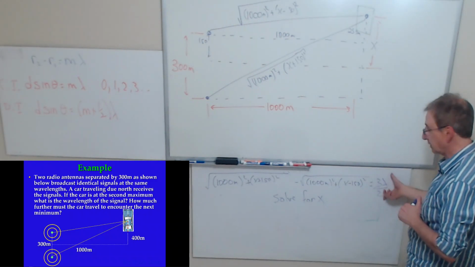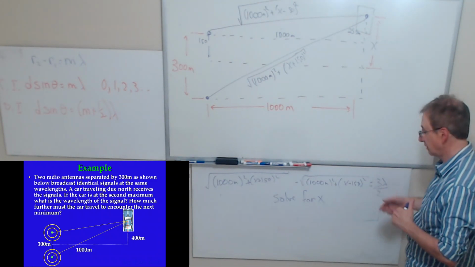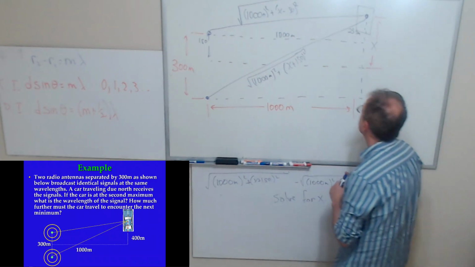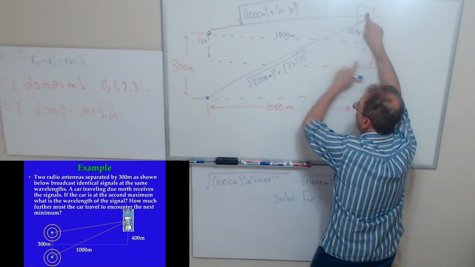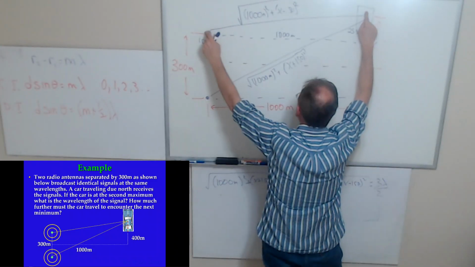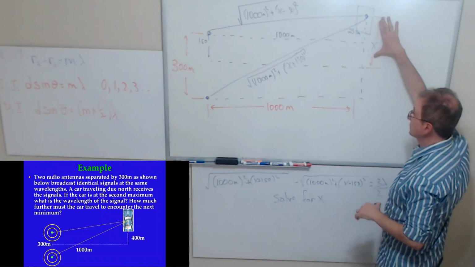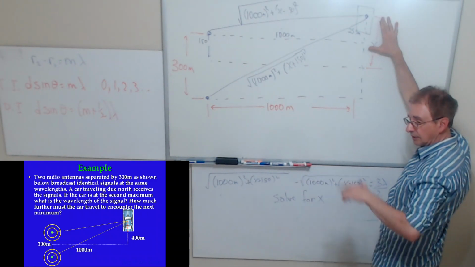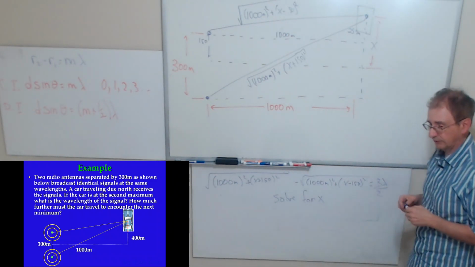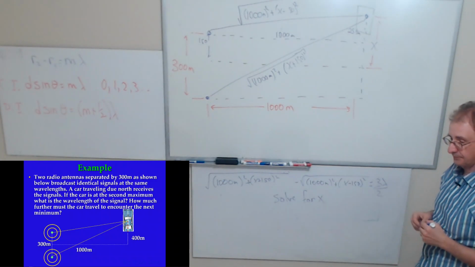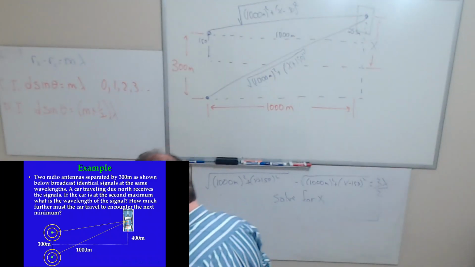I could set the path difference equal to 3 lambda over 2 because in the previous problem it was equal to lambda. And then I just find if this is x, then I just take this distance minus that distance and set it equal to 3 lambda over 2, solve for x, and then compare it to the 400 meters, and it'll tell me how far I have to drive. And that's it. But the algebra is tedious.